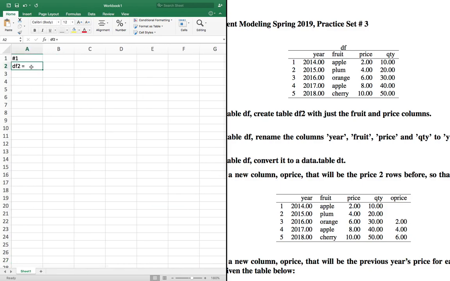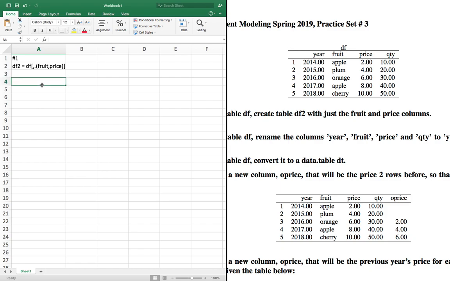DF2 equals DF bracket, all the rows, then just the fruit and price columns, close bracket. All right, that's number 1.